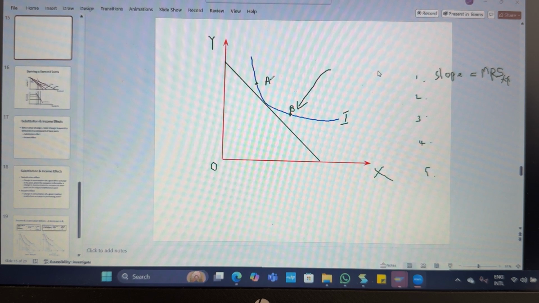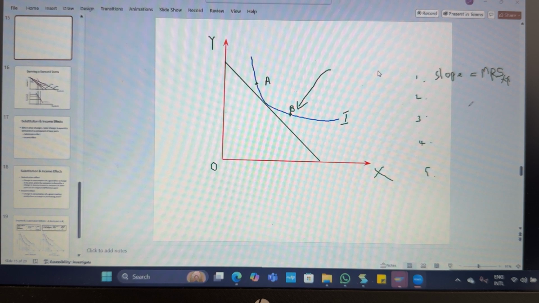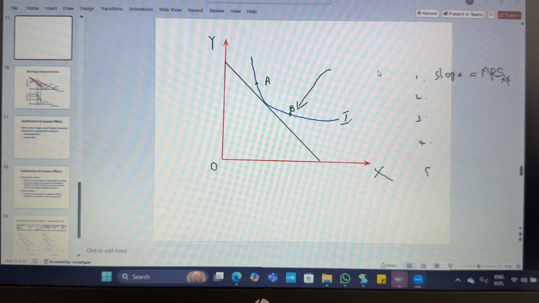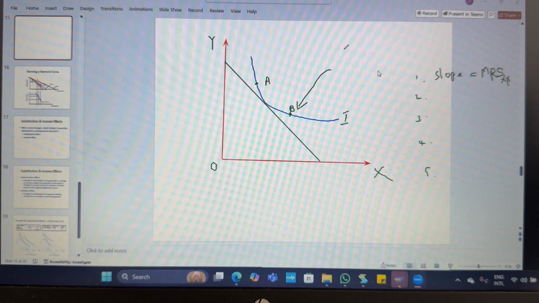When we come down, starting from A towards B, what is actually happening to MRS? If you forget MRS, it is just a slope. If you come down along an indifference curve, what is happening to the slope? Even by looking at the curve, you can tell.